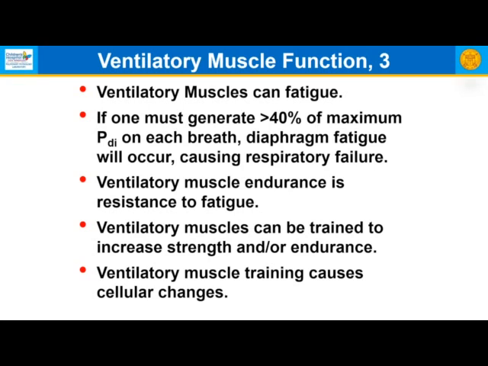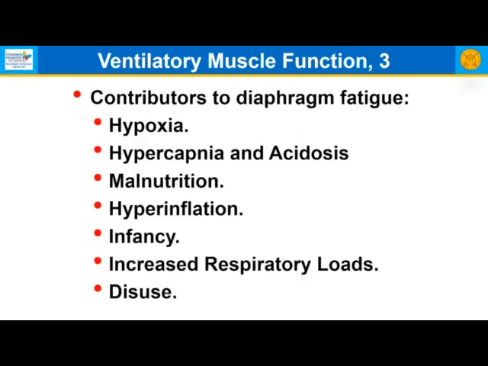Ventilatory muscles can fatigue. If one must generate greater than 40% of max PDI in each breath, diaphragm fatigue will occur, causing respiratory failure. Ventilatory muscle endurance is resistance to fatigue. Ventilatory muscles can be trained to increase strength and/or endurance, and ventilatory muscle training causes cellular change.